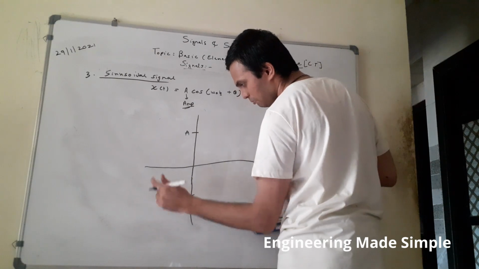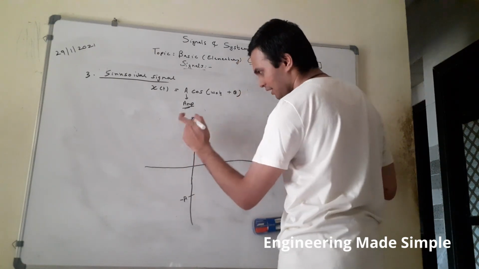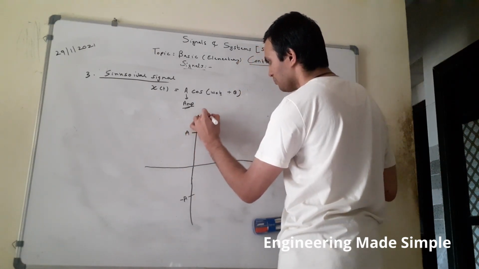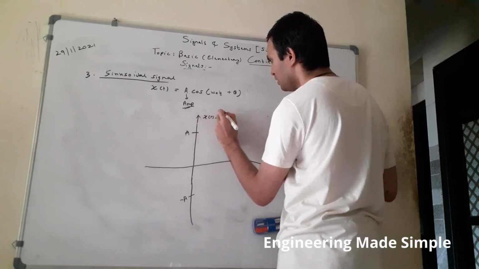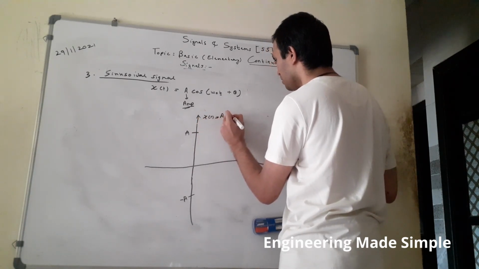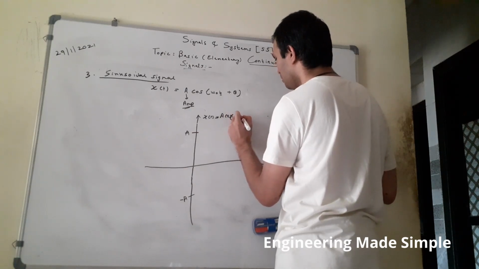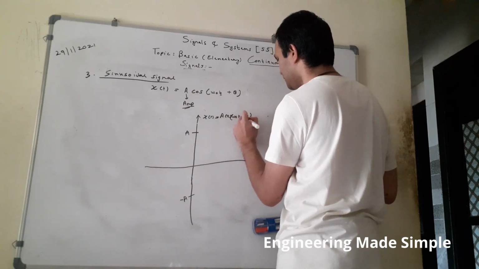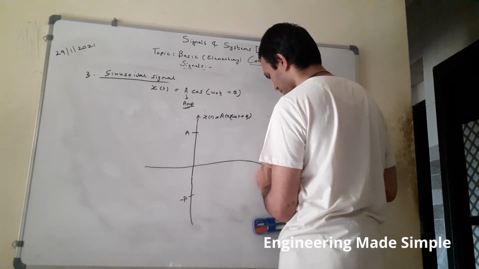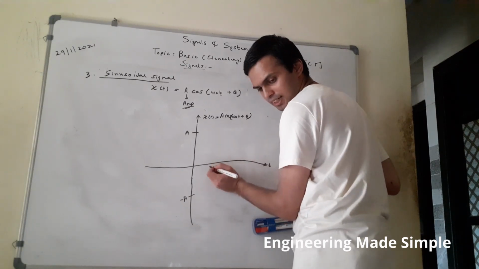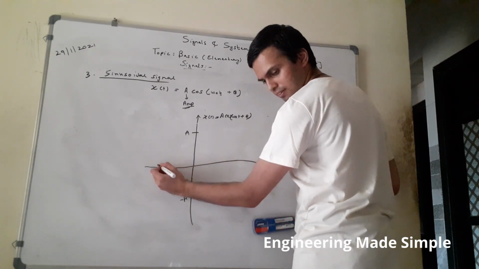The signal will be varying from minus a to plus a. And this is nothing but x of t is equal to a cos omega naught t plus theta. This will be your time axis, because we are discussing a continuous time signal.